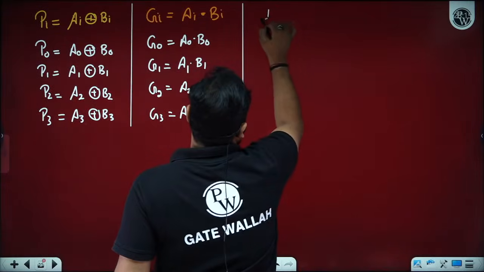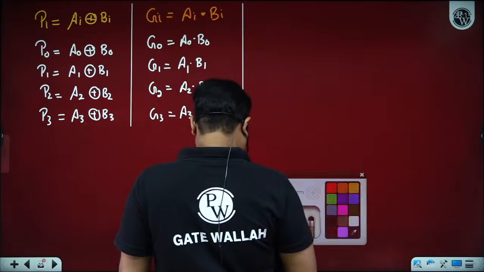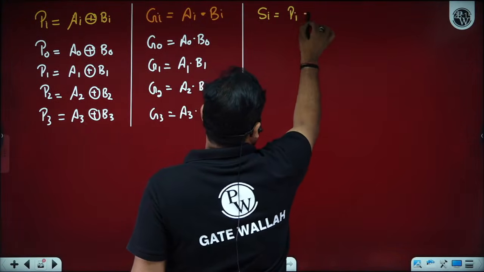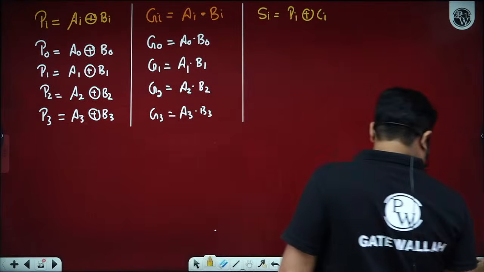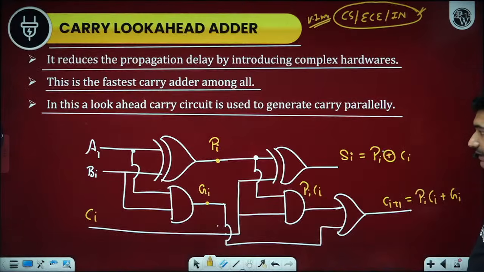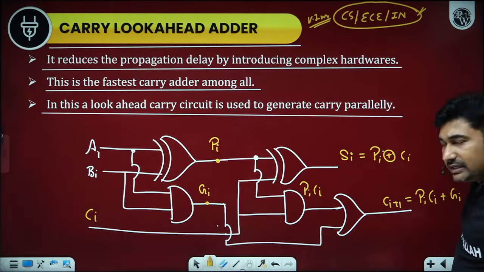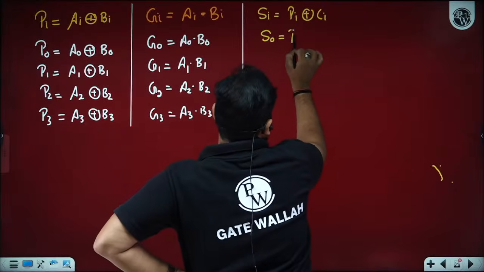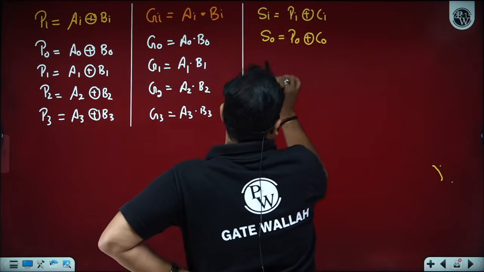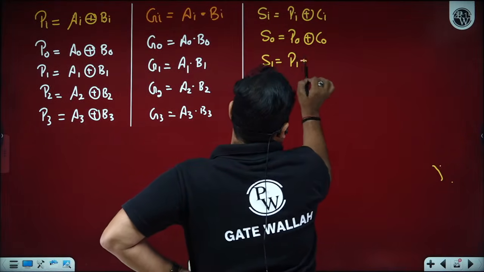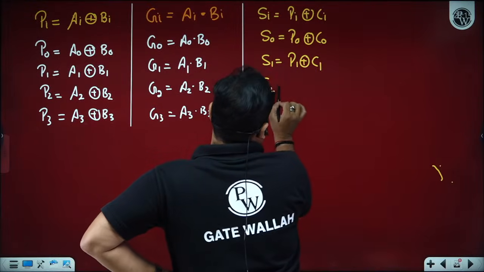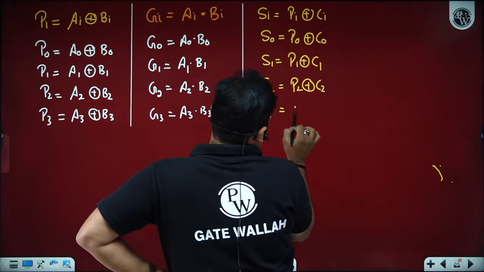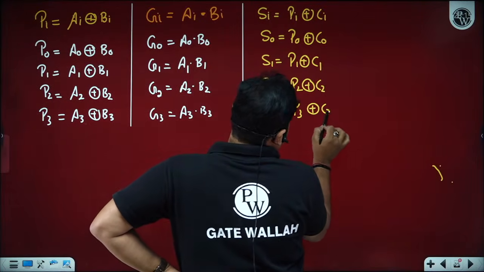In the same way, can you write for Si? Si is Pi XOR Ci, as we can all see from the circuit. It means S0 is P0 XOR C0, S1 is P1 XOR C1, S2 is P2 XOR C2, and S3 is P3 XOR C3.